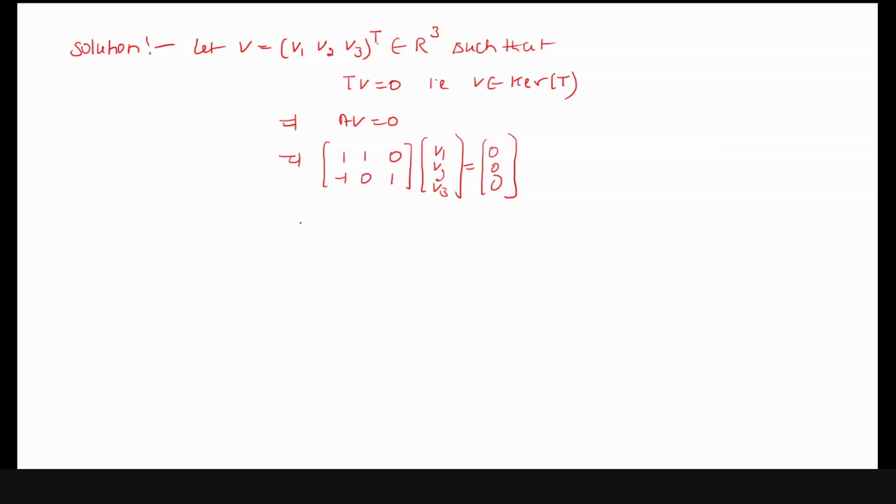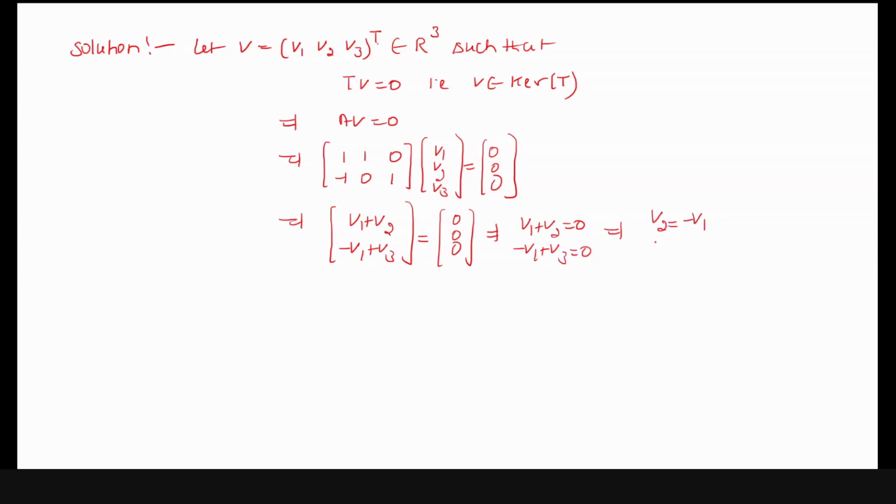If you simplify this, you get (V1 plus V2, minus V1 plus V3) equal to (0, 0). So V1 plus V2 is equal to 0 and minus V1 plus V3 is equal to 0. This implies V2 is equal to minus V1 and V3 is equal to V1.